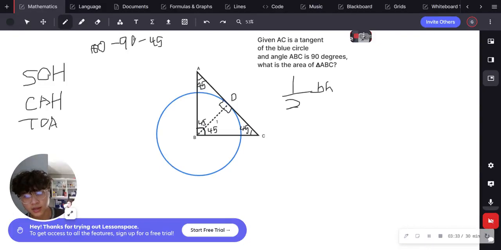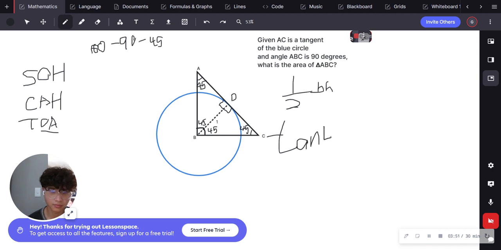Now we have the opposite side. If we use this angle, we have the opposite side and we're looking for the adjacent side. So we're going to have to use tan. So tan 45 equals the opposite side over the adjacent side, AD.